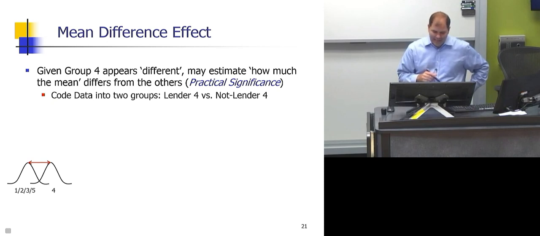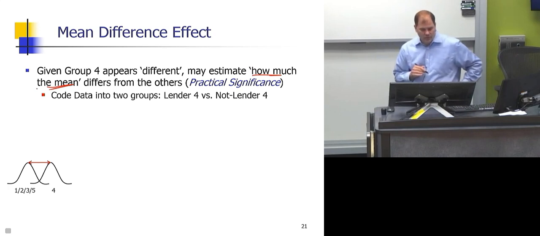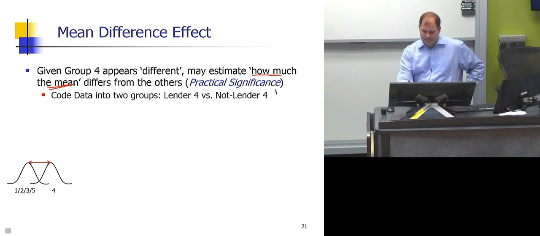A lot of times people say, okay, well, you've told me they're significantly different, but is it practically significant? That gets to the question of how much the mean differs. One way to do that is to recode your data into lender 4 versus not lender 4.